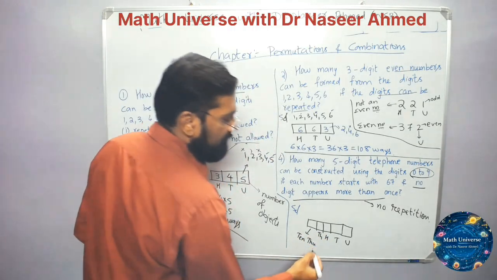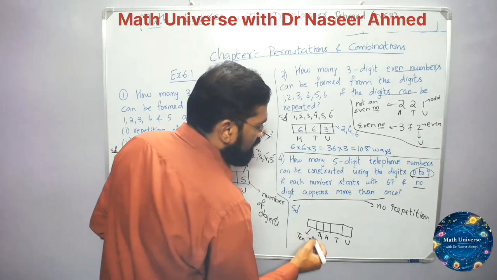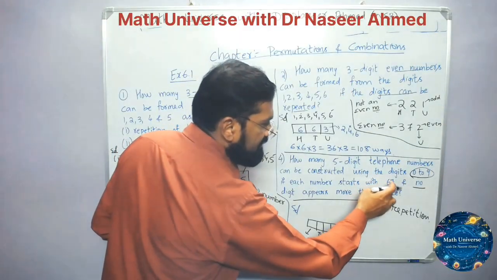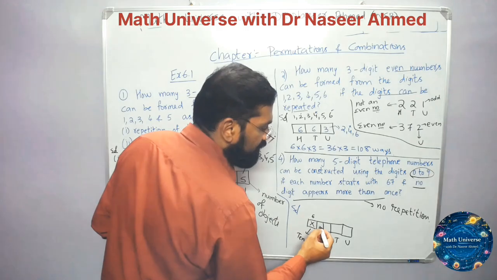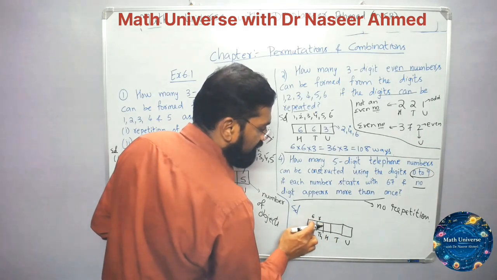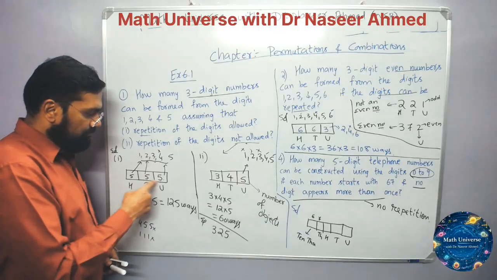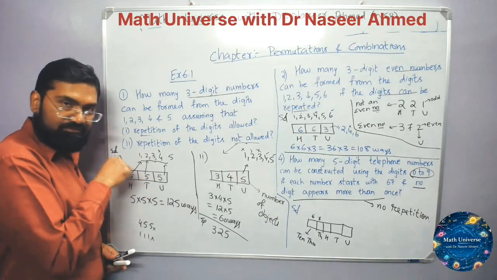Start with 6 and 7, so this is always fixed as 6 and this is always fixed as 7.